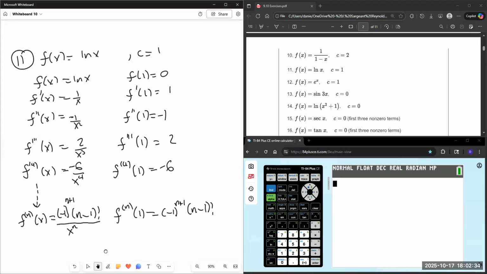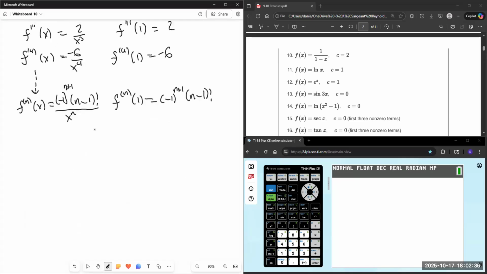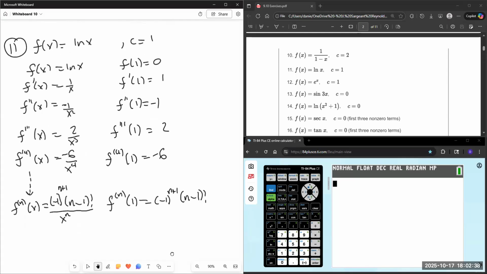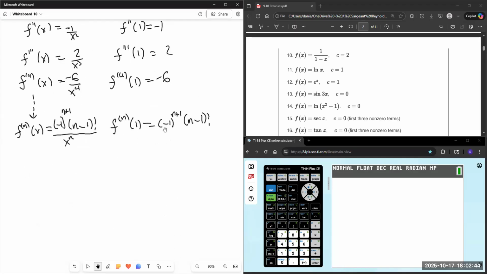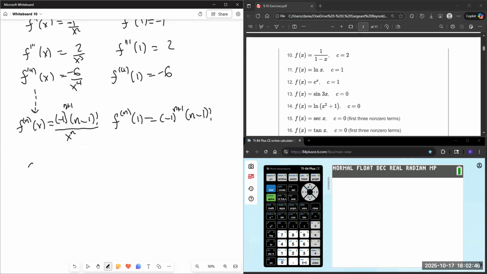So let's stick that into my formula. Now I'm not going to start at 0 because my pattern didn't start until the first term, and I'm just adding 0, which didn't fit my pattern.